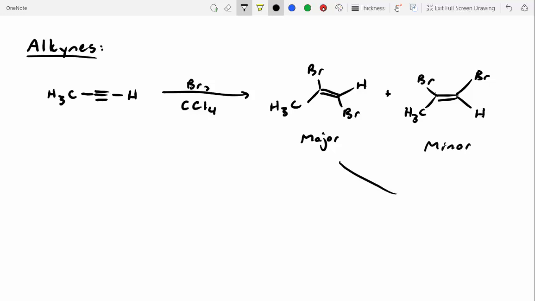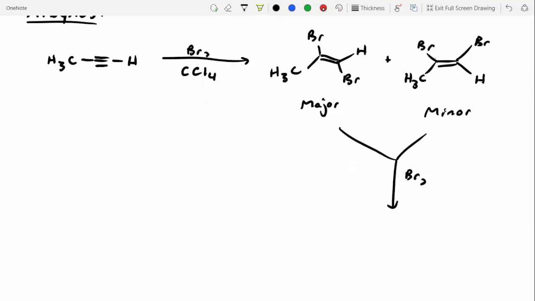Either way, what do you think happens if we treat this with even more bromine? Yeah, you can go to an alkane. You can brominate the alkene that you just formed and get more bromines added across that double bond. So if you do this, you only get one product, and you end up with 4 bromines coming off of an alkane.